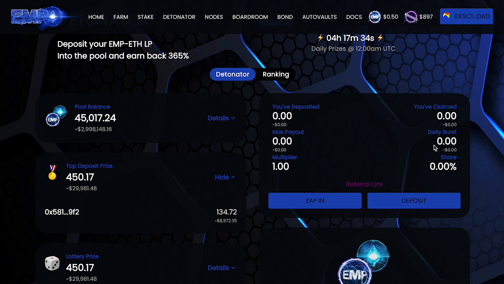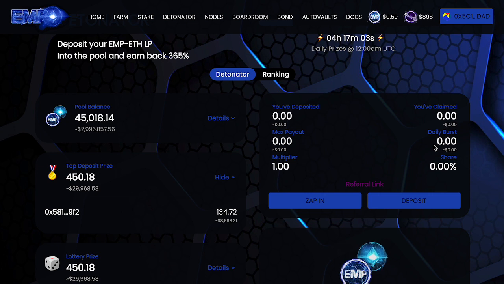Sometimes as we get more and more people coming into the contract and putting more and more money in, that can dilute your percentage share, which is going to potentially dilute your daily burst. But remember that having more money coming into the system is good for the contract, and it's good for you, and it is overall increasing the amount that you can potentially earn, even though the daily burst may at times go down.